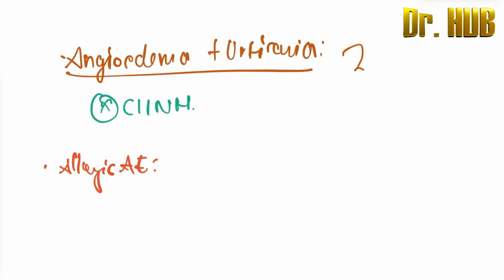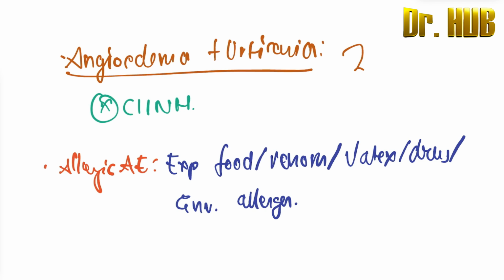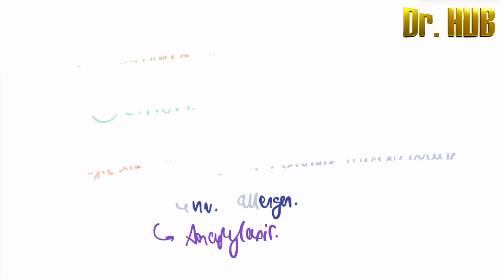In this allergic AE, there is exposure to food, venom, latex, drugs as well as environmental allergens. It also involves anaphylaxis. Now what are the levels?